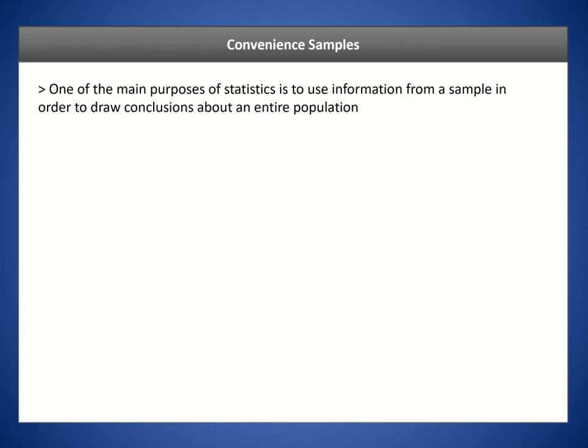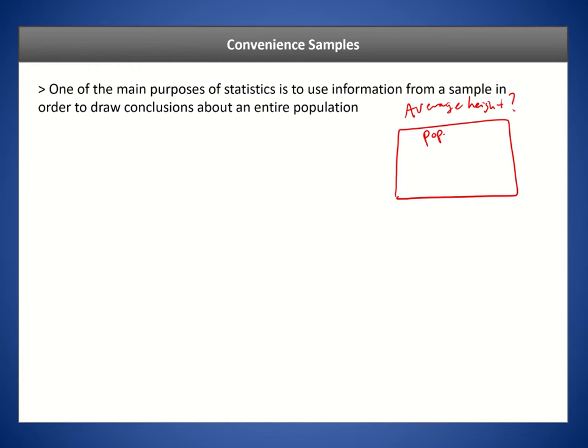So recall that one of the main purposes of statistics is to use information from a sample to draw conclusions about an entire population. So again, and I kind of did this in the other lesson, but if you have a population that you want to study, so let's say this is my population of individuals, and let's say I want to know the average height, right?